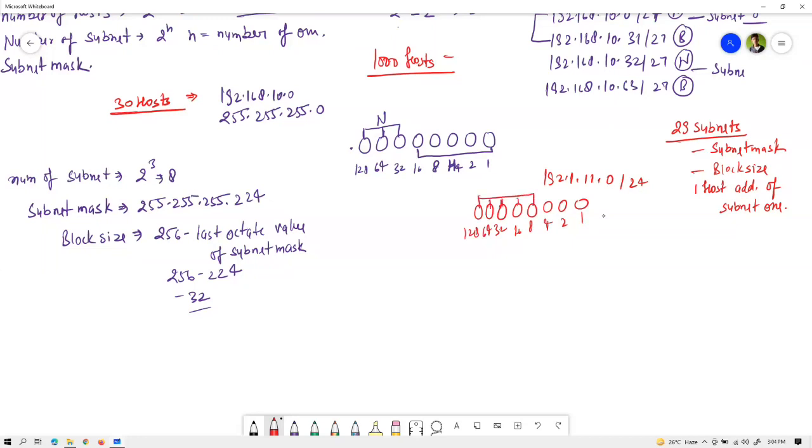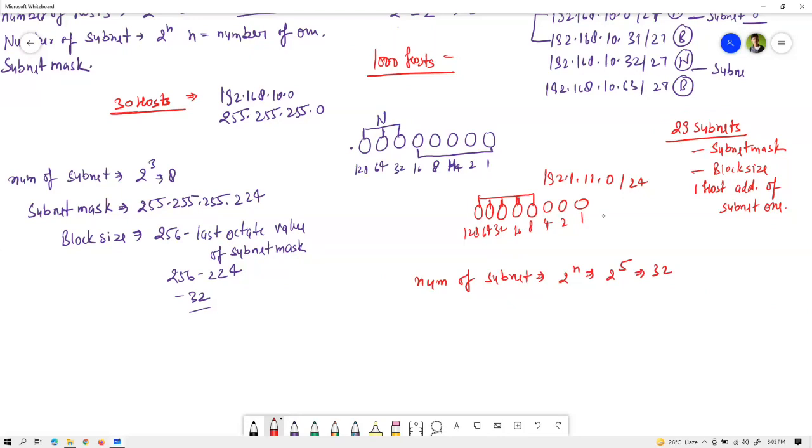These will be 1. So the number of subnets you can get is 32. You will not get the exact number of subnets here, right? 2 to the power 5, 32 subnets. You can use 29 or 30, whatever it is, and you can keep the others as spare. Whenever your network grows or you are going to connect more endpoints in the network, you can use them as well.